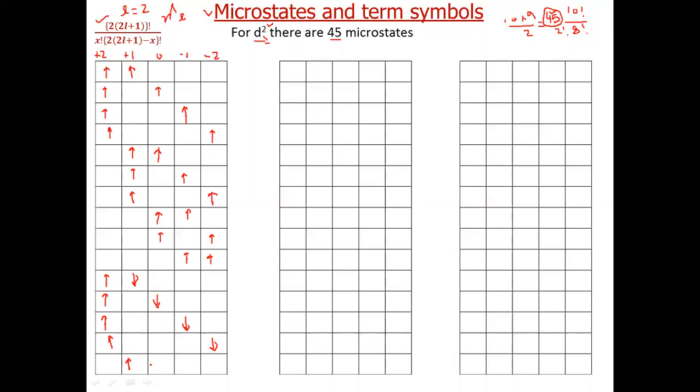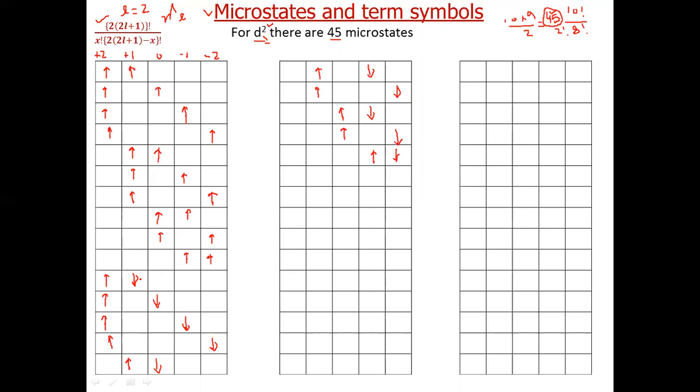This electron here, this electron goes here, this electron here. Now we can move this electron to here, this electron here, this electron here, and both the electrons have opposite spin. So these were the arrangements possible when the first electron has upward spin and the second electron has downward spin.